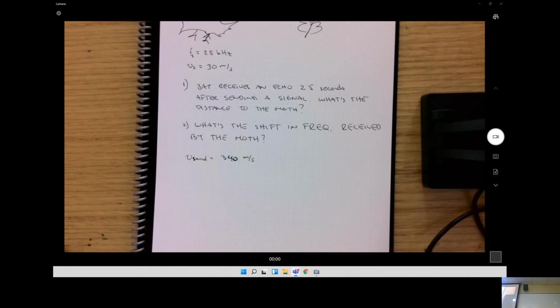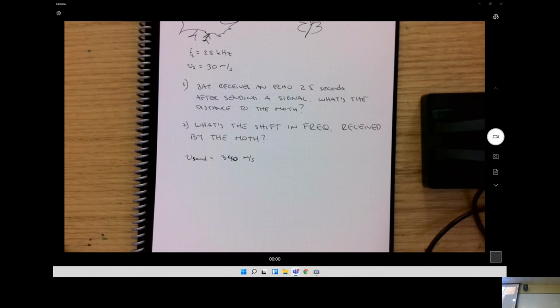So I'm not looking at the bounce back, I'm just looking at the moth. If I were asking the shift in frequency and the echo, then just. So for the first part, I have to find distance.